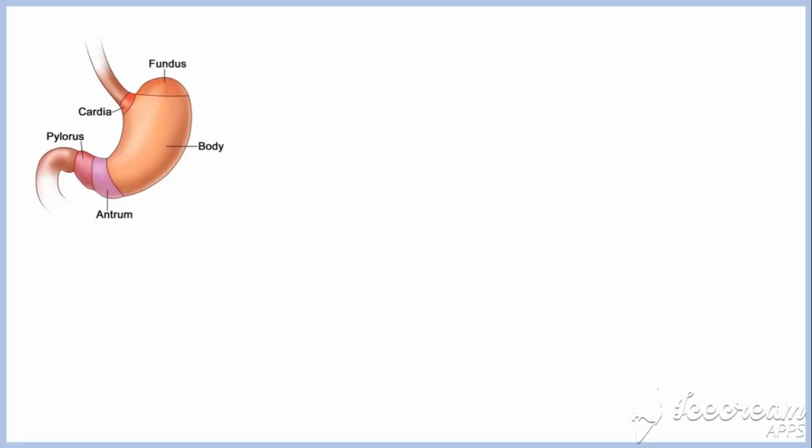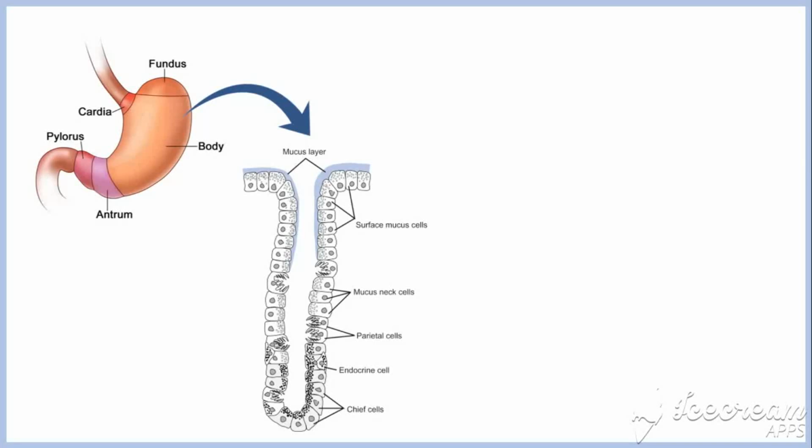knowledge. Human stomach can be divided into 5 anatomical regions: cardia, fundus, body, antrum, and pylorus. Mucosa of the stomach contains gastric glands, which contain many types of cells, including mucus-secreting foveolar cells, parietal cells, which secrete hydrochloric acid, endocrine cells, also known as G cells, which secrete gastrin.